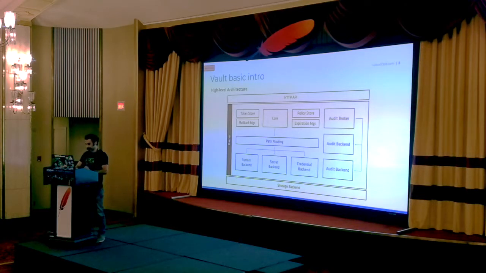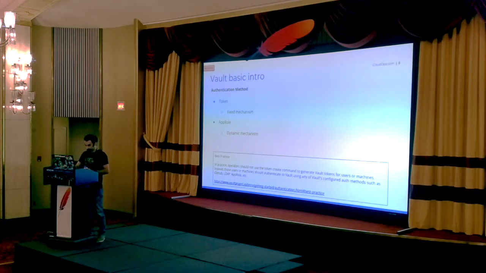I'm not going to talk about storage backends in this presentation because this is not a Vault presentation, but there are so many different tutorials and guides on which type of storage backend you need to use. But essentially, you need to have an HA storage backend for the Vault. If your storage is gone, the whole Vault is not usable. That's an important piece that you need to keep in mind.